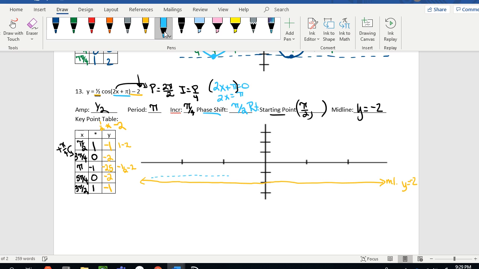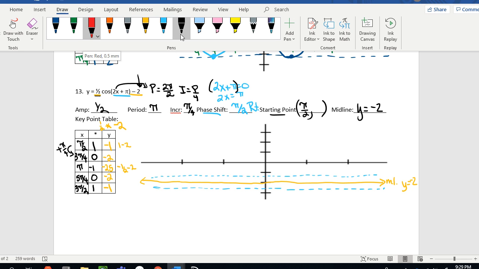Your test paper will be a little easier to graph on. I like the squares on the paper better. So we get our halves in there, and another half. There's my amplitude lines.